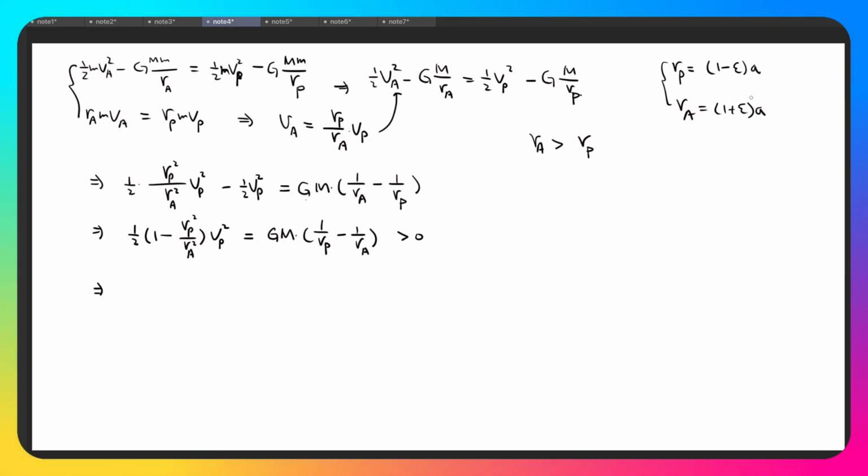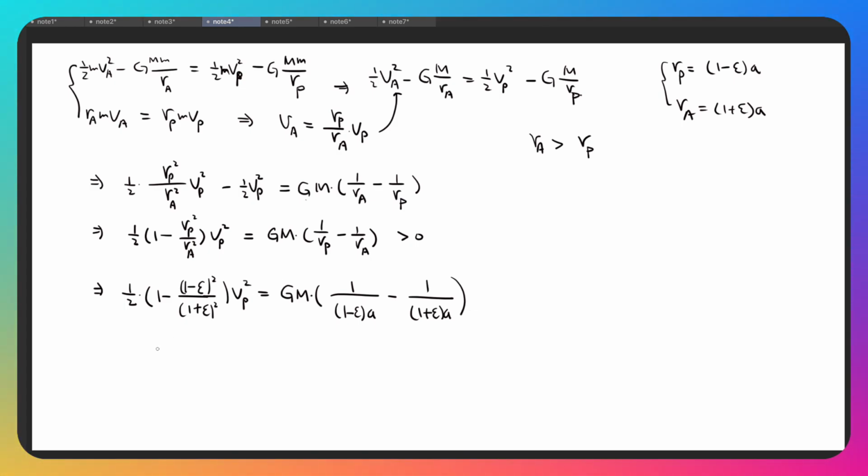So now if I use that, I will get 1 minus, so RP squared over RA squared equals 1 minus epsilon squared over 1 plus epsilon squared, okay? And then VP squared equals GM times 1 over RP, which is 1 minus epsilon times A, minus 1 over RA, which is 1 plus epsilon times A.